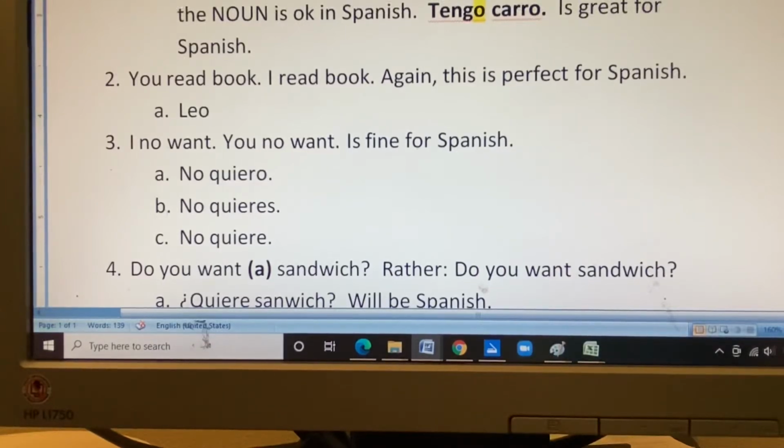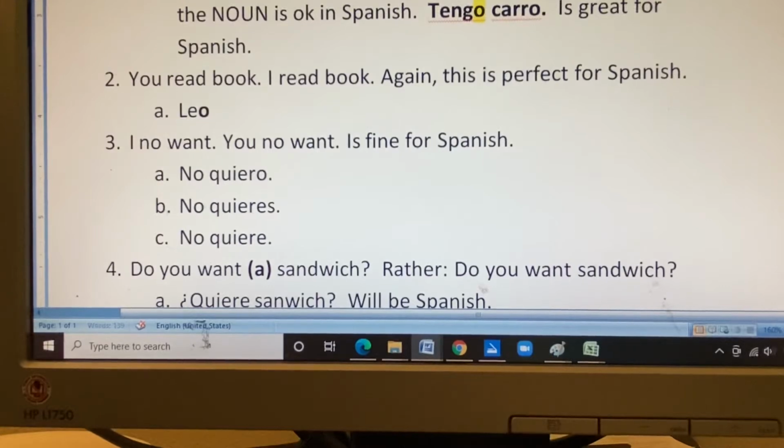Again, therefore, the O conjugates for the person yo. And therefore, inside of this verb, leo, is the person yo. So therefore, it means I read, yo leo.